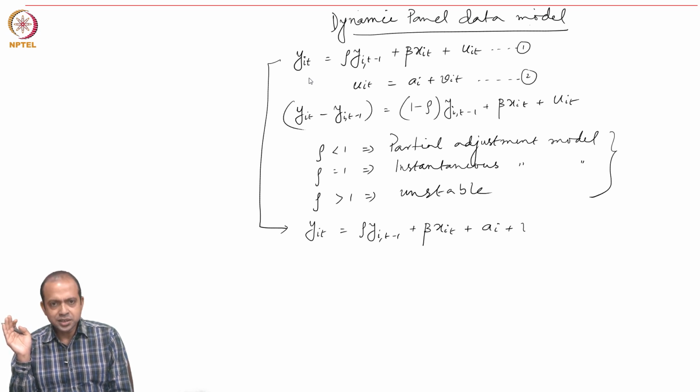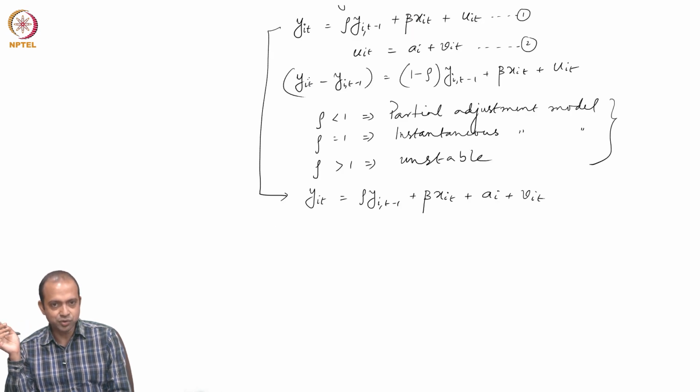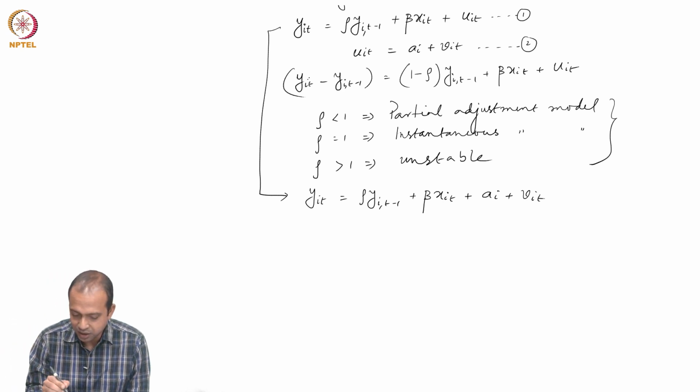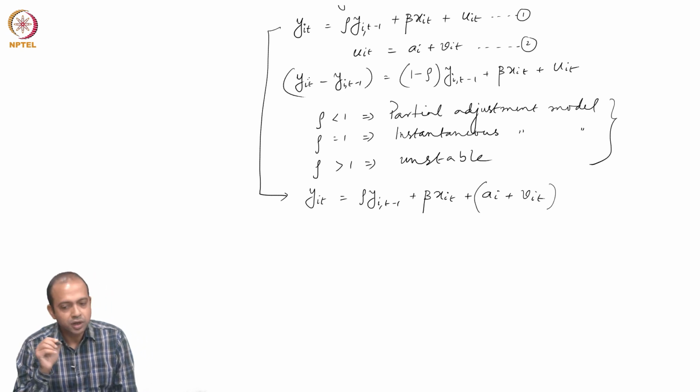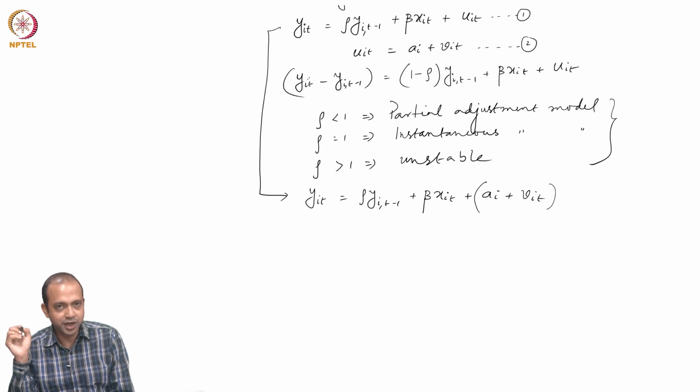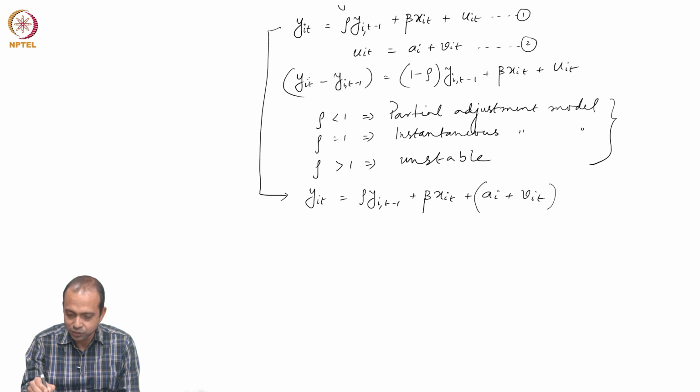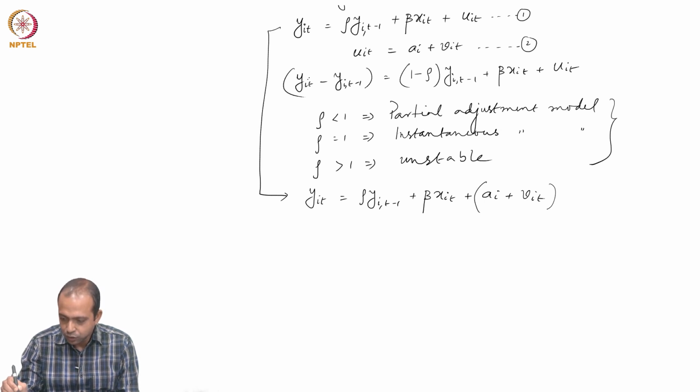When OLS is not applicable, if we still estimate the model using OLS, we will end up with a dynamic panel bias. We discussed that in this situation, when you have a dynamic panel data model, if you apply OLS, that will lead to overestimation of rho hat.